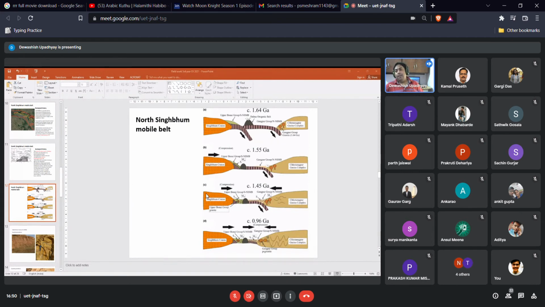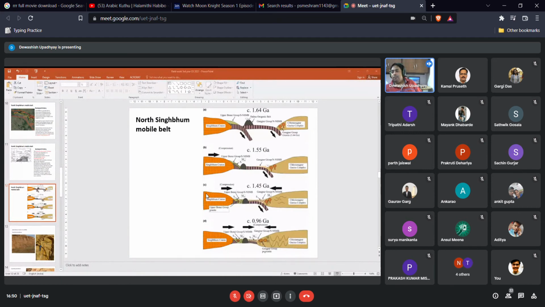You can think of a scenario where, prior to 1.6 Ga, you had a basin with possibly two arcs operating, one where the oceanic lithosphere of the Singhbhum Craton was subducting beneath another oceanic lithosphere, producing the Dalma ophiolite or Dalma arc, and then you had the subduction of this oceanic lithosphere beneath whatever continental crust you had in the Chotanagpur Gneiss Complex.